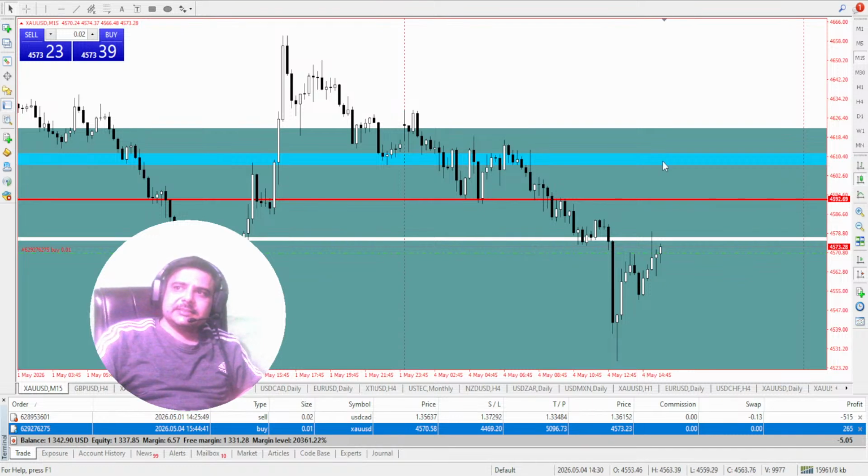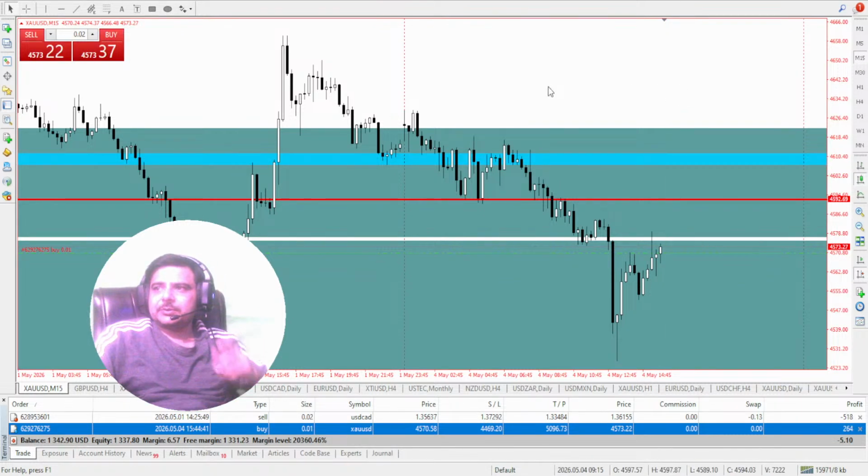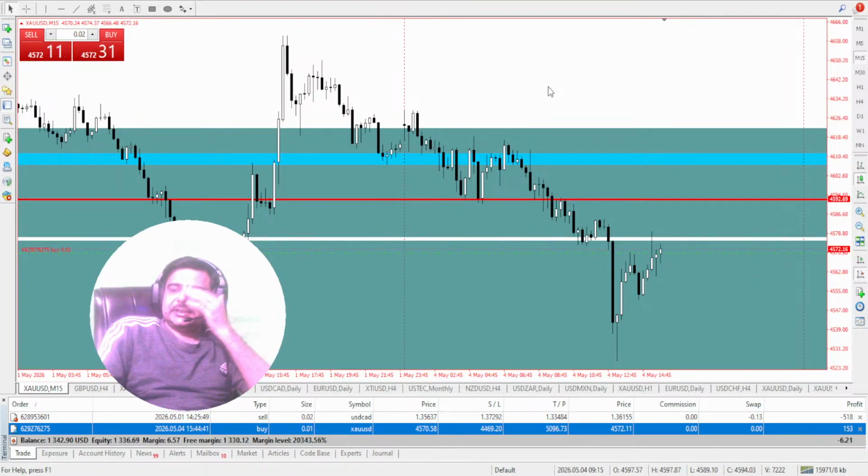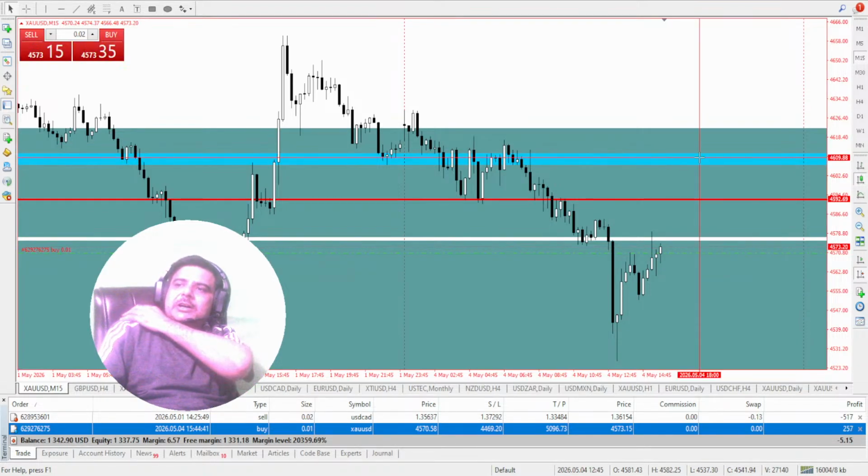So 4610, remember, be ready for this particular zone today. We will most probably be trading it to the sell side, or maybe a bounce from there, and when the market comes back down, then from right here a buy.